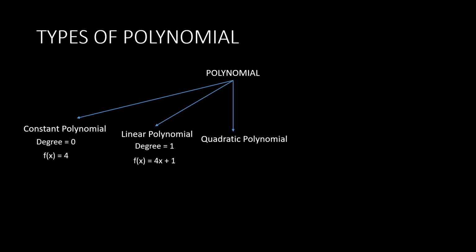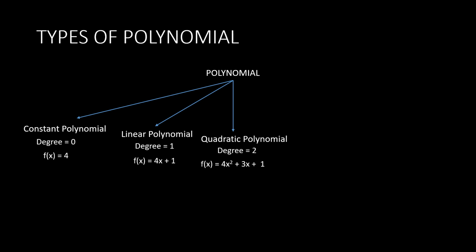Third type is a quadratic polynomial. You will do this a lot in this chapter, so make sure you know this. So quadratic polynomial is a polynomial with degree 2. For example, f of x equals 4x squared plus 3x plus 1.